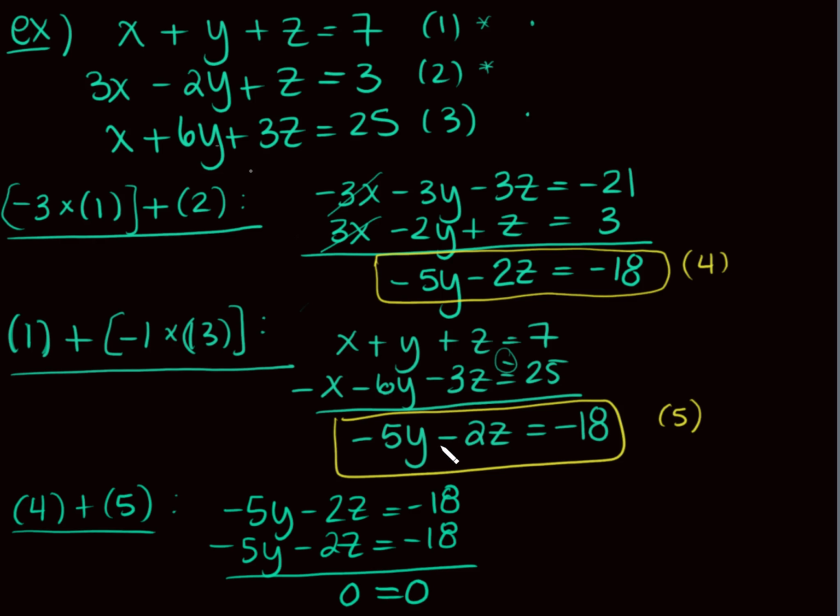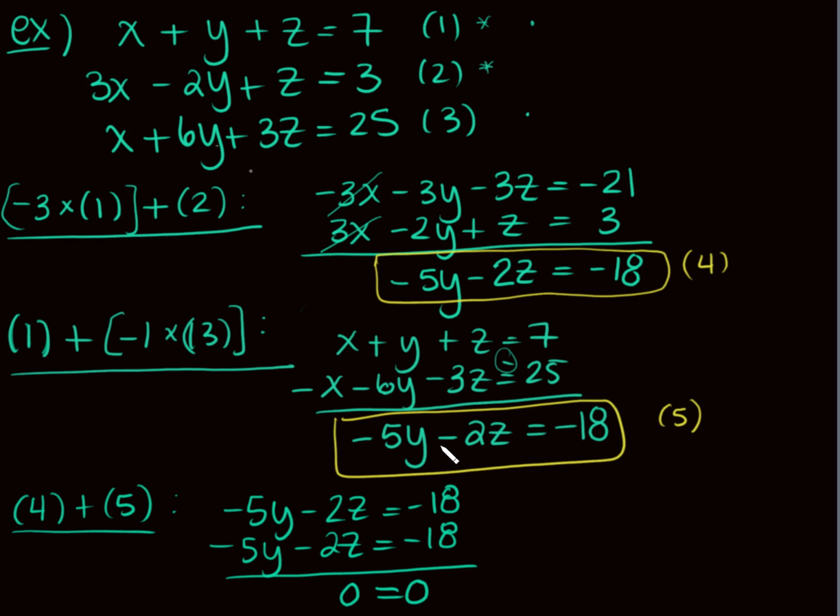But 0 equals 0 is a true statement. I'm not getting a contradiction. If you get a contradiction like 5 equals 0, then we know we have an inconsistent system, that there is no solution. But this is just telling us that one of these lines is exactly like the other line. And if you look at some of these equations, you'll see that they are kind of the same if you mess with them a little bit.